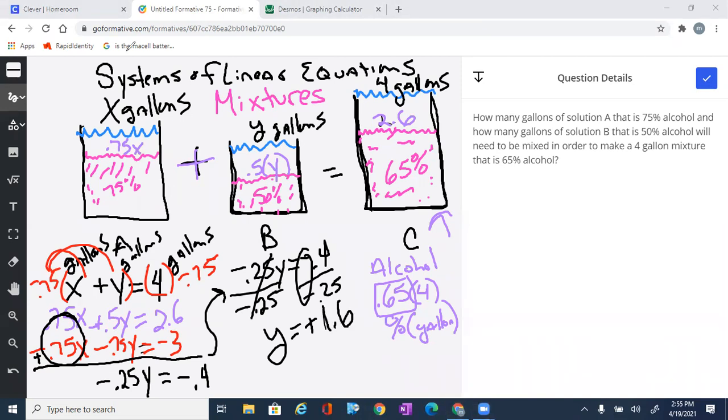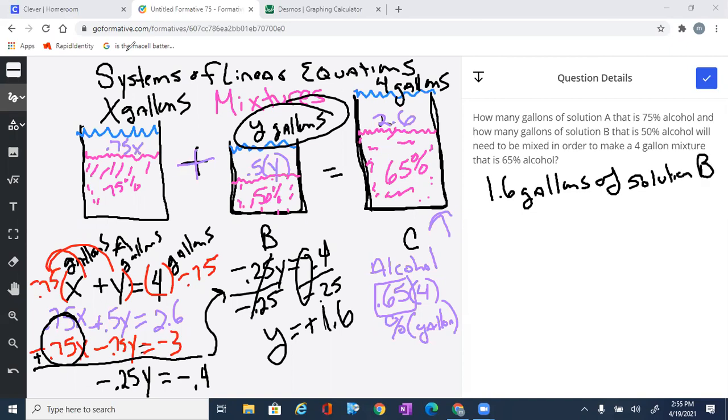Now, what is y? Y is the number of gallons of solution B. So that tells us we need 1.6 gallons of solution B. Well, how are we going to find out how much solution A we're going to need? We just take our easiest equation, which in my opinion is x plus y equals 4, and plug in the y value.